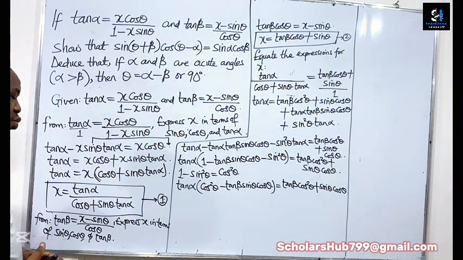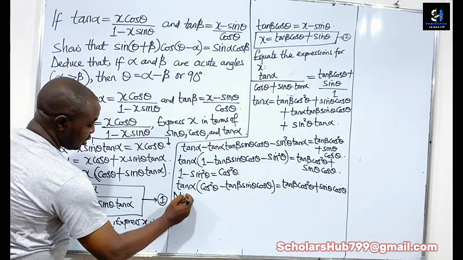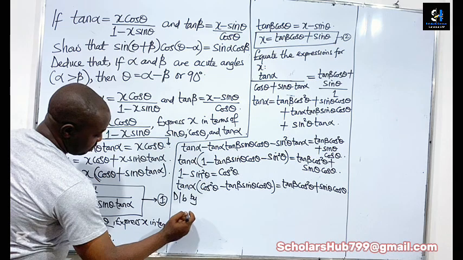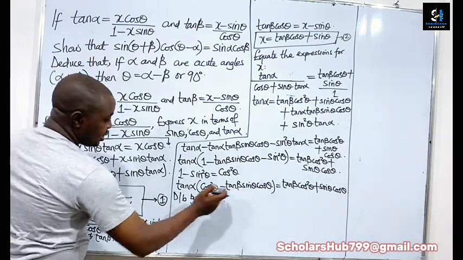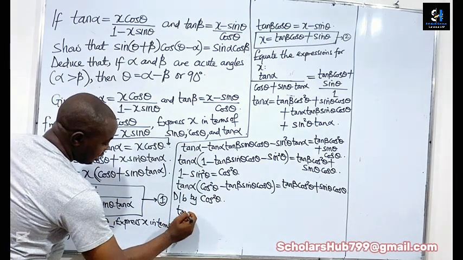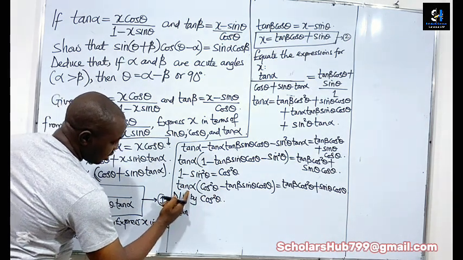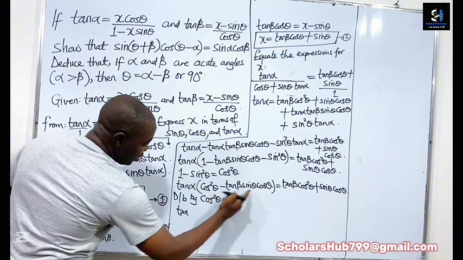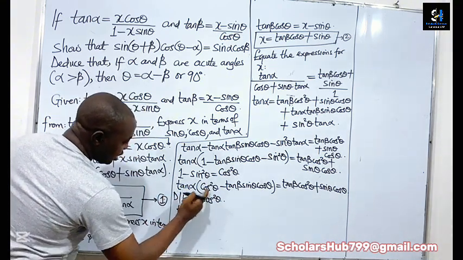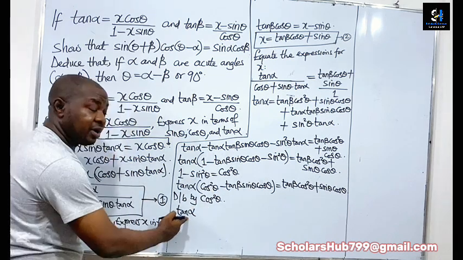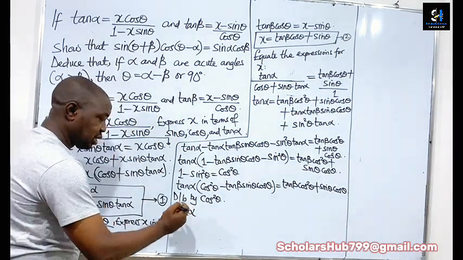Okay, so now what I will do next is to divide both sides by cos squared theta. Dividing this by cos squared theta, and distributing tan alpha into this subtraction, I'll get tan alpha cos squared theta divided by cos squared theta, that will be tan alpha.